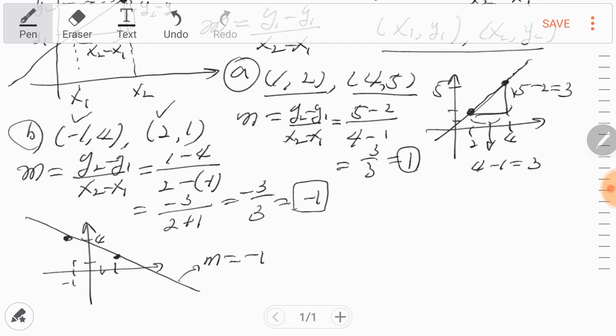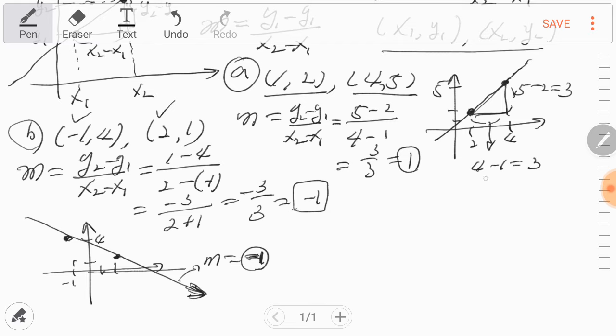Look at this: if the slope is a negative number, then the right end of the line is going down. So as x increases, the y value decreases.